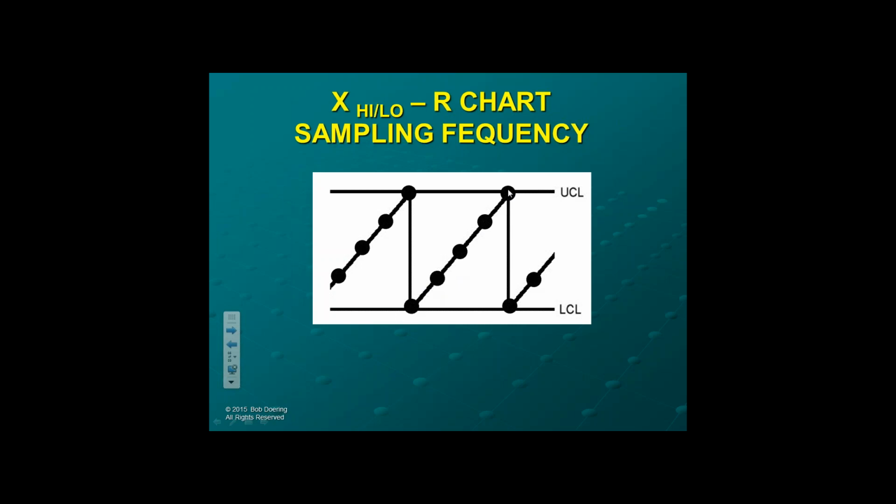But if it makes this transition within an hour, that means you have to do it several times an hour, or the process is going to go beyond your control limits, and you're not going to have any idea what to do. So a recommendation is 5 data points between adjustments.